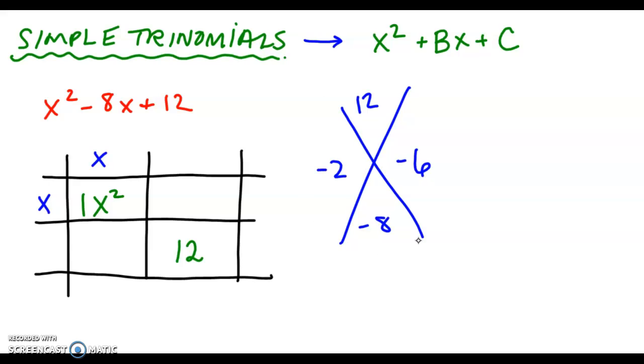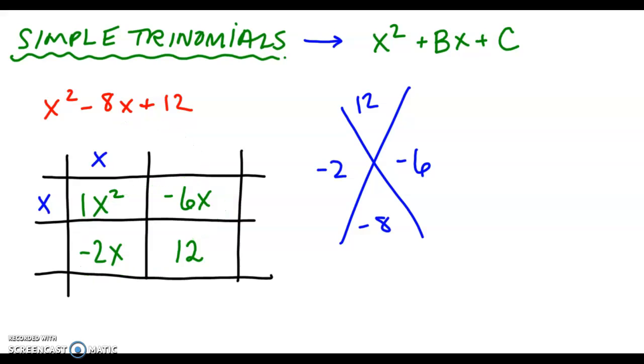So again, I am doing this reasoning idea using this area model. But now if I fill in the inside of my chart, I'm going to say that -2x goes here and -6x goes here. And together we are remembering that this has to add to the -8, right? Okay.